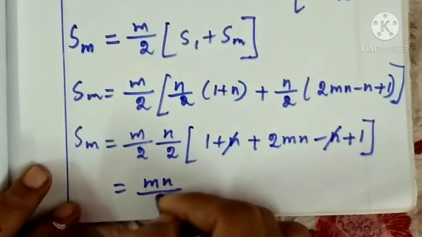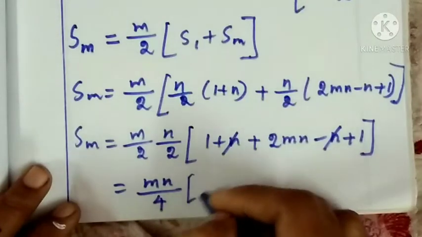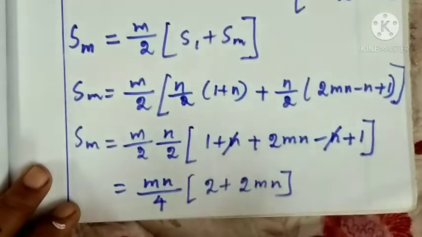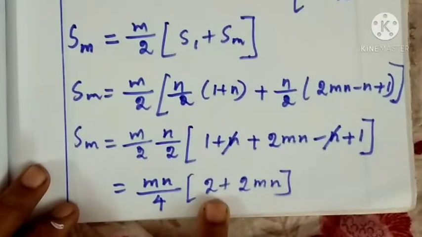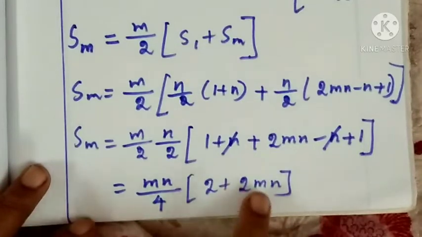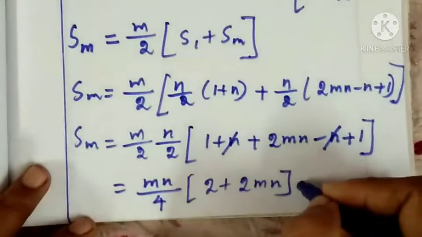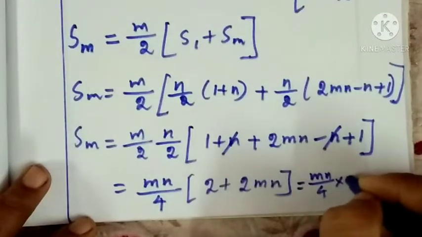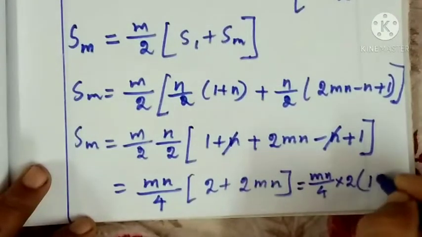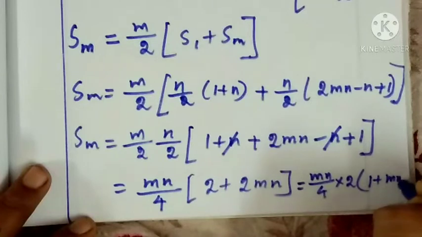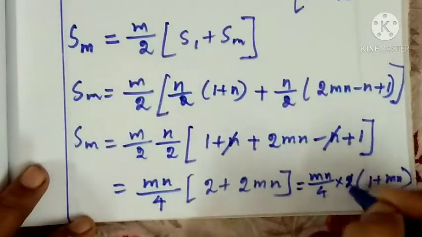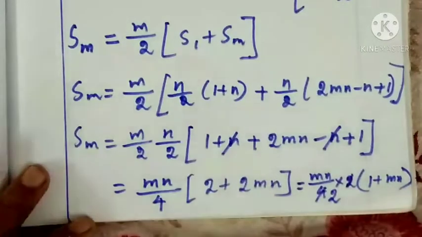n by 4 into 2 plus 2mn. Again here 2 is common, so you take out 2 and we get mn by 4 into 2 into 1 plus mn. Now you have to cancel this by 2 table: 1 2 is 2, 2 2s are 4.